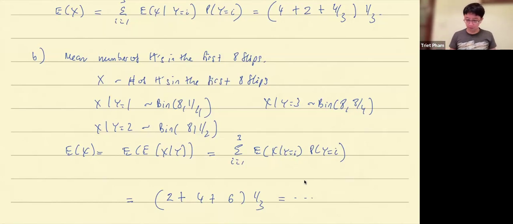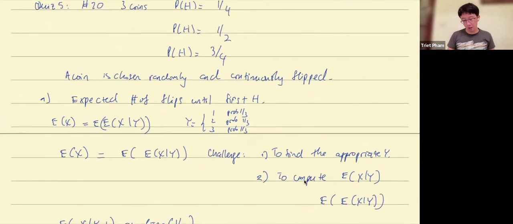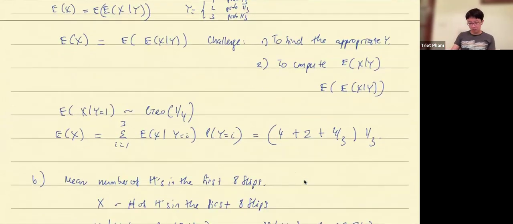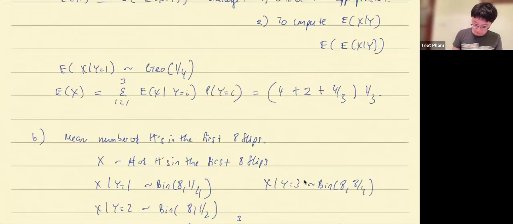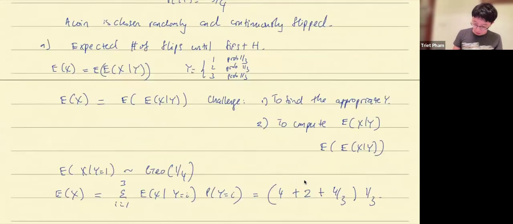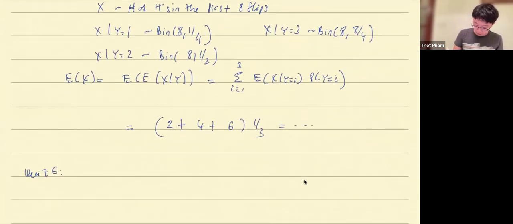Okay. So now let's move on to some, let's say, slightly less obvious choices. So quiz 6. Here we're going to go back to the classical example of a geometric. Let x be a geometric p random variable.